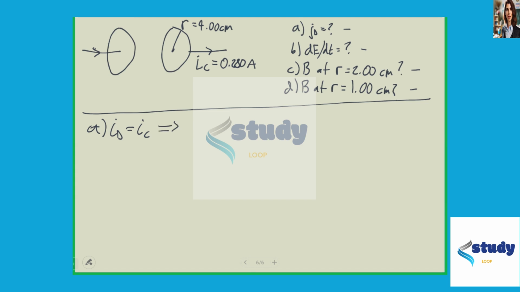Therefore, the displacement current density is the displacement current divided by the area in question, but that is just the conduction current divided by the area in question, which is IC over pi r squared, where r is the given radius.